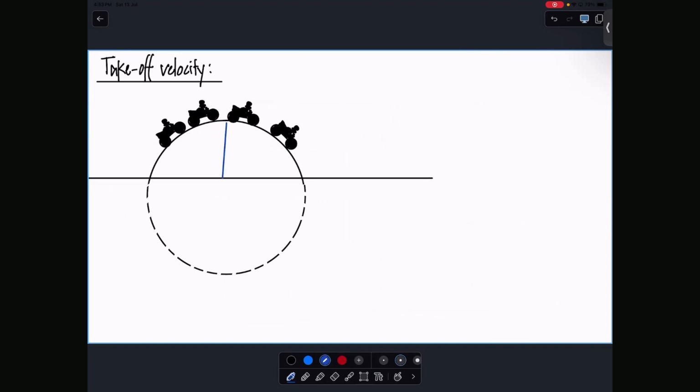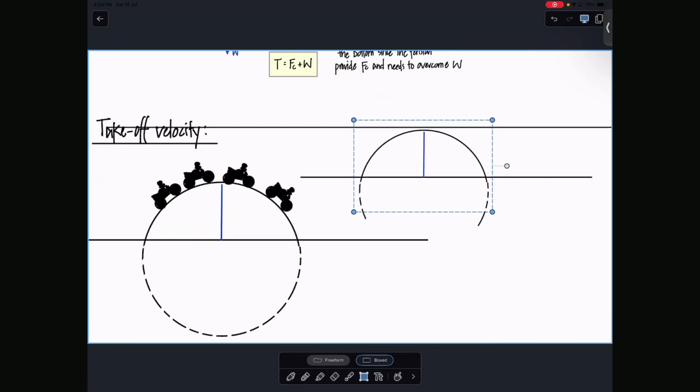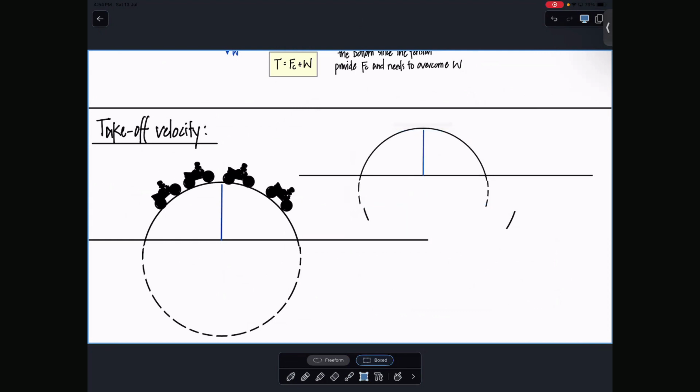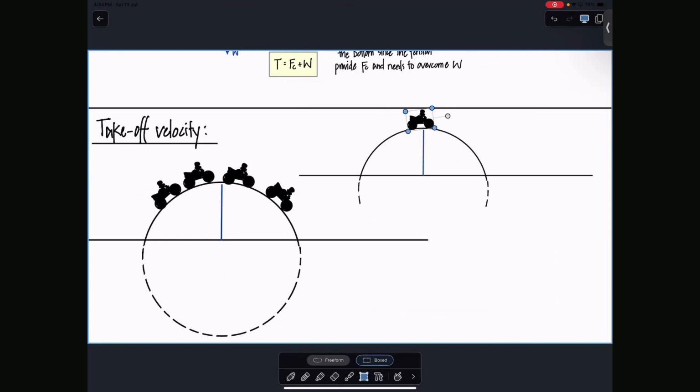For that, the first thing you need to figure out is how is it circular motion here? Let me explain. If I take this motion and observe just the top part, can you tell me what are the forces acting on the bike at the top? Yeah, there's weight. What else is acting on the bike at the top? Thrust. Okay, contact force, normal reaction force.